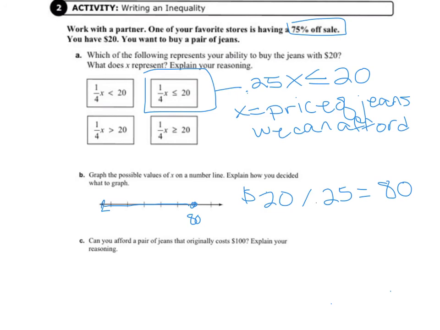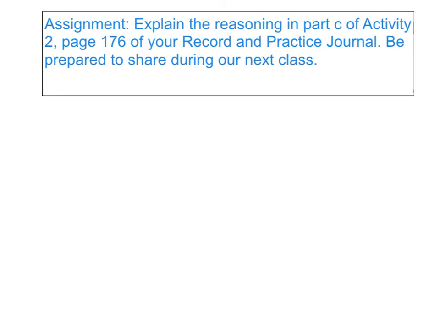And explain your reasoning. And the answer is no. And for your homework tonight, you are going to explain the reasoning. Our assignment for this lesson is to explain the reasoning in Part C of Activity 2, page 176 of your Record and Practice Journal. Be prepared to share during our next class.